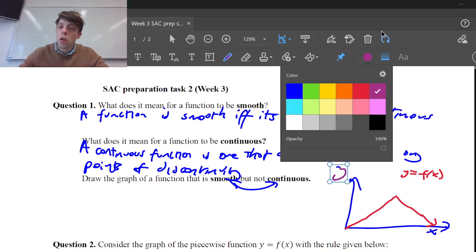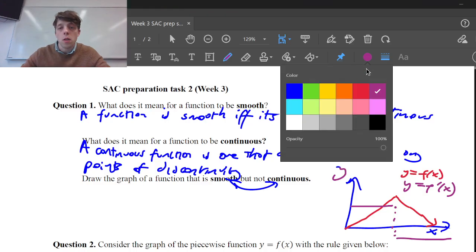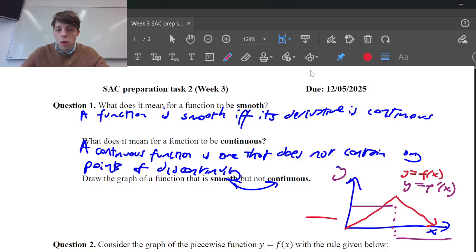And if we were to draw the derivative function in purple, for the first part of its domain it's going to be some positive number, and for the second part of its domain it's going to be some negative number. As we can see in the middle, this derivative function has a point of discontinuity. So therefore, the red function is continuous, but not smooth.